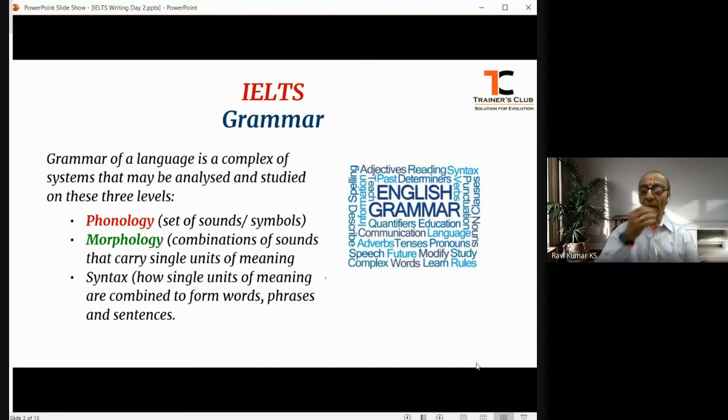But when we come to this accent part, the other day, on the very first day, I was giving you certain examples like education, situation, often, nephew. These sort of words fall under morphology.